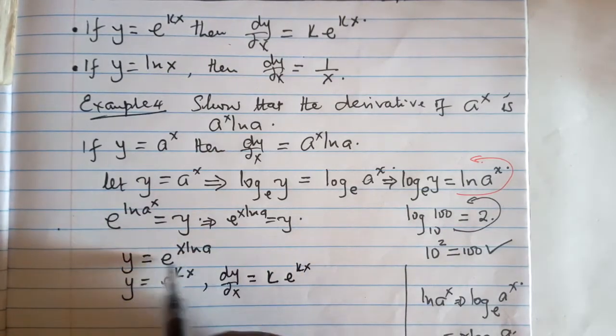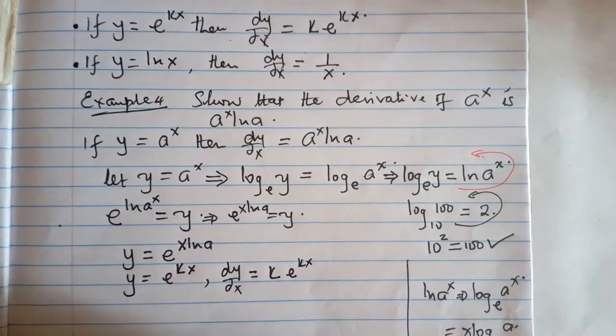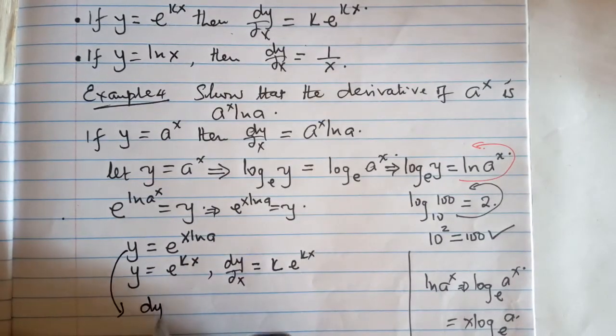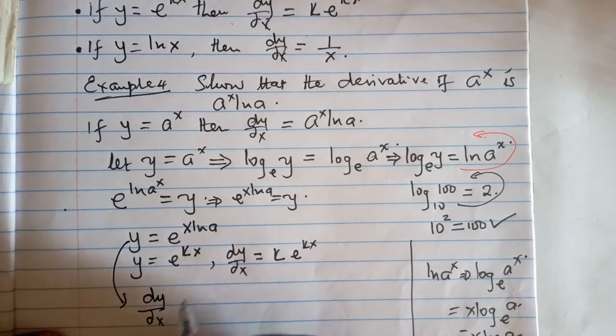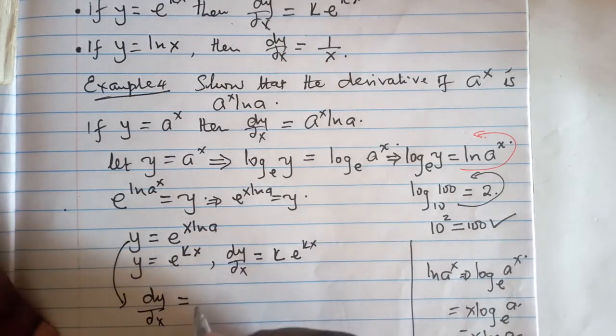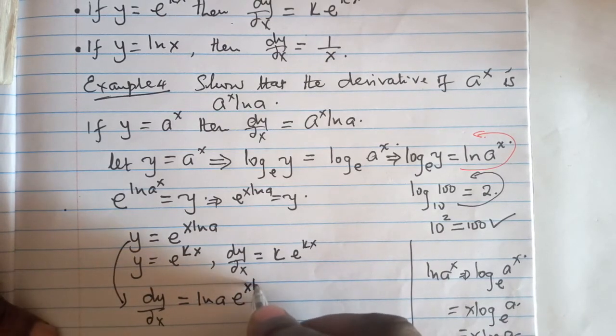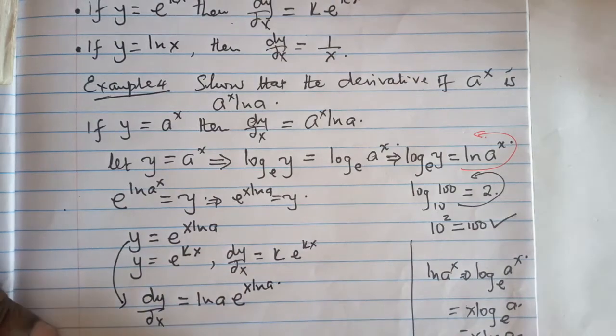In the same way, if y is equal to e raised to power x ln a, then dy dx is supposed to be equal to ln a, because ln a now happens to be k, times e raised to power x ln a.